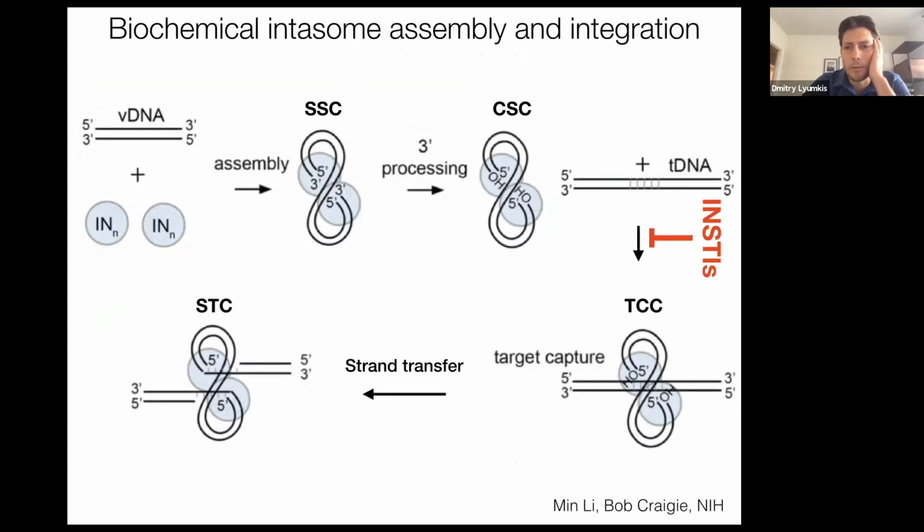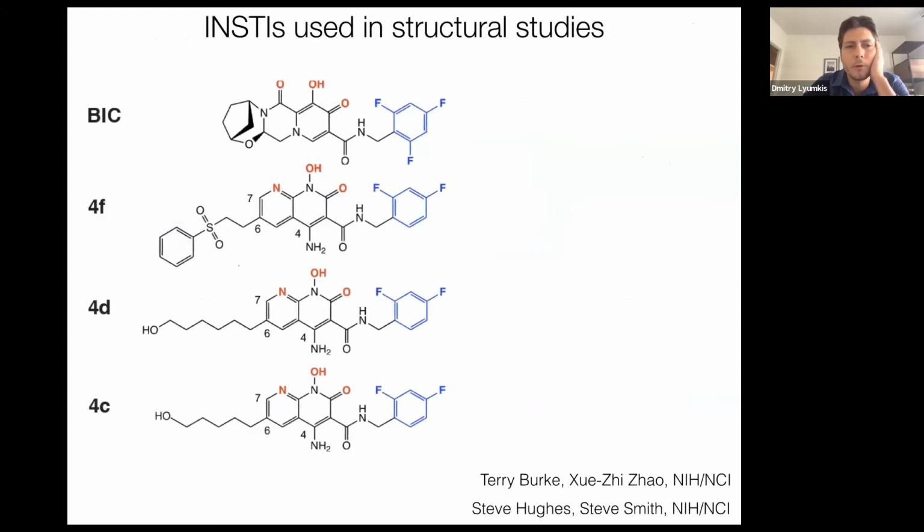These compounds work by blocking the formation of the target capture complex intasome, and as such, they bind to the cleaved synaptic complex intasome. So these are intasomes with recessed 3' ends. For our work that I will describe, we used 4 particular compounds.